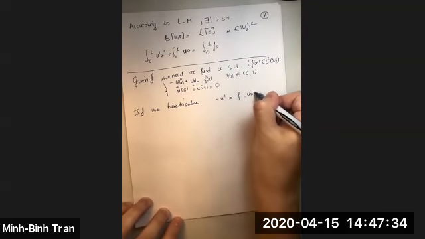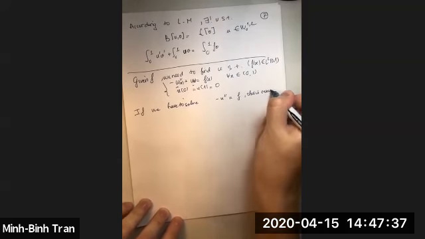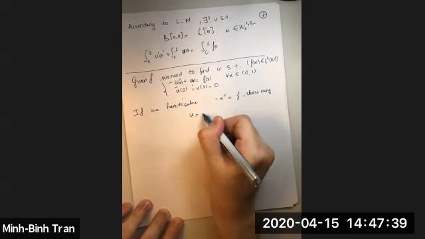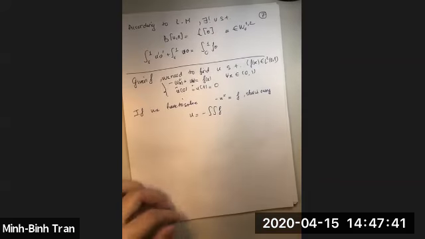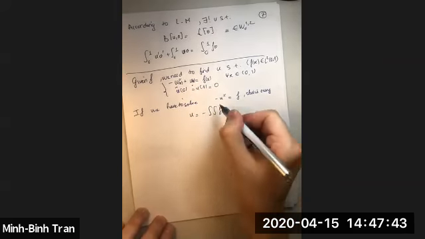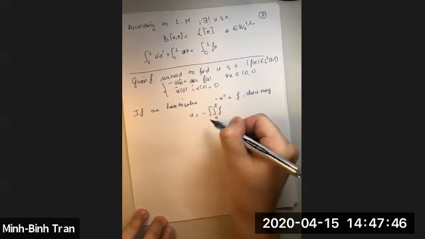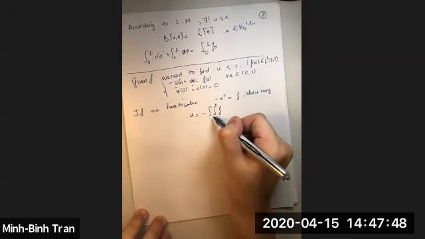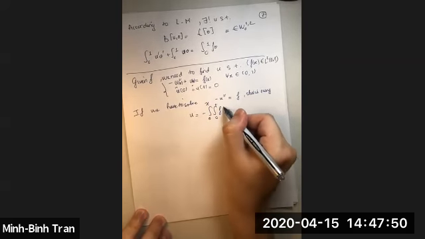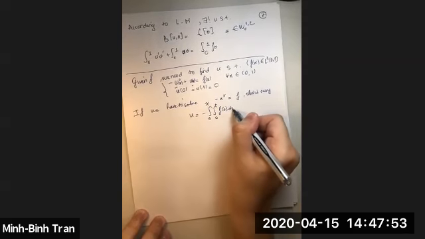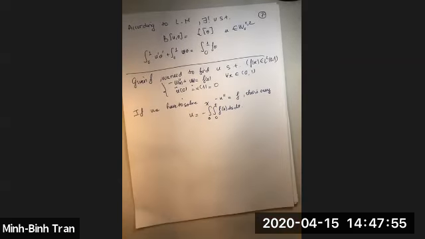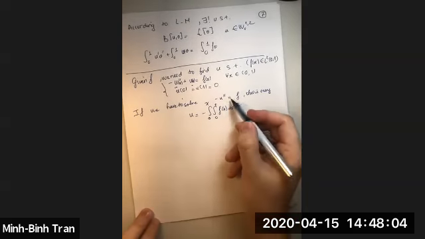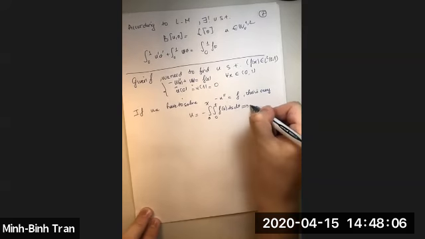You take the integral from 0 to X, and then the integral of F, and after that you just take another integral, so you just take twice the integral of F, and then you get U. Then this is an explicit solution.